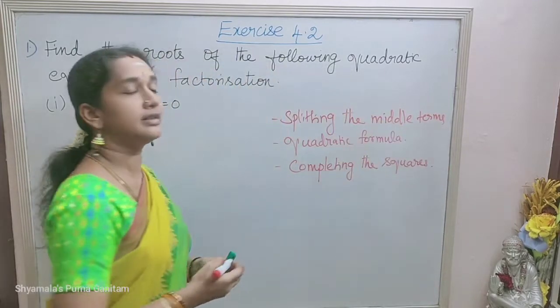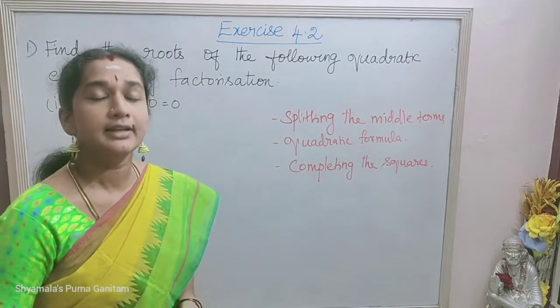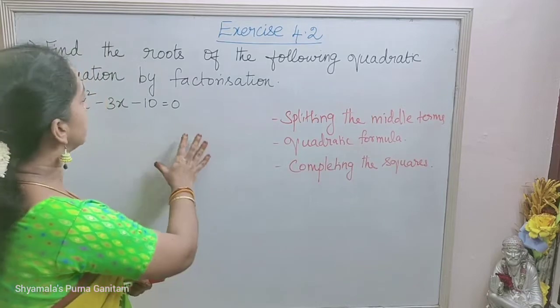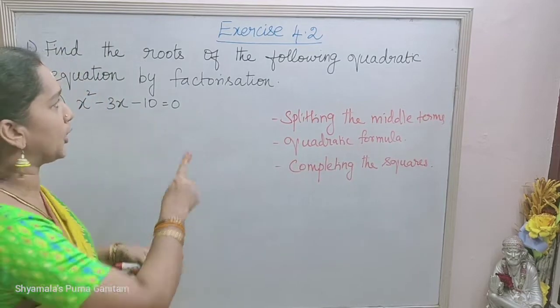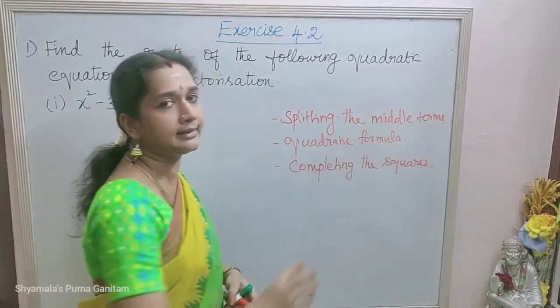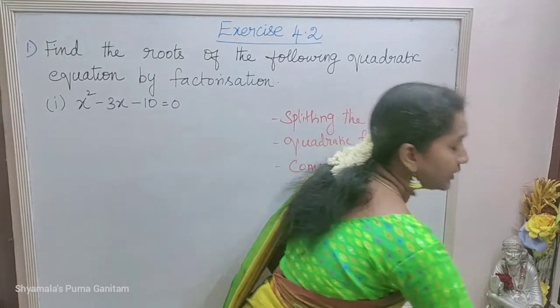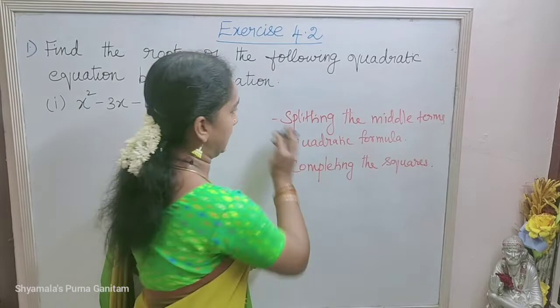These are the three methods to find the factors of the given quadratic polynomial. In exercise 4.2, we will be using only the splitting the middle terms method to find the factors of the given quadratic polynomial.